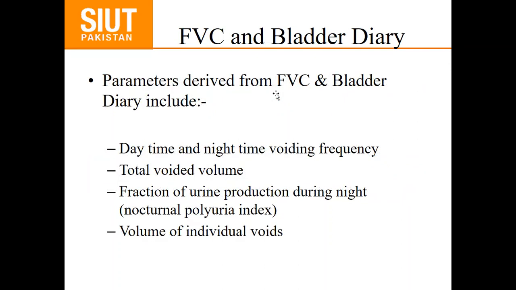So the parameters that are derived from frequency volume chart and bladder diary include daytime and nighttime voiding frequency, total voided volume, fraction of urine production during night, and volume of individual voids.